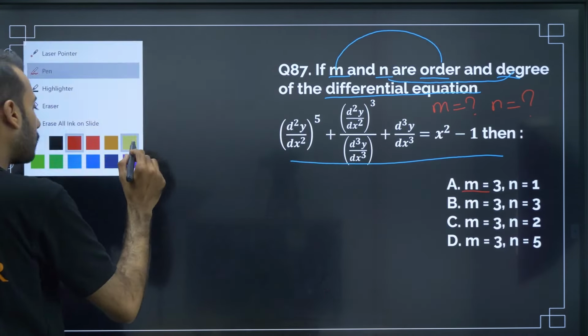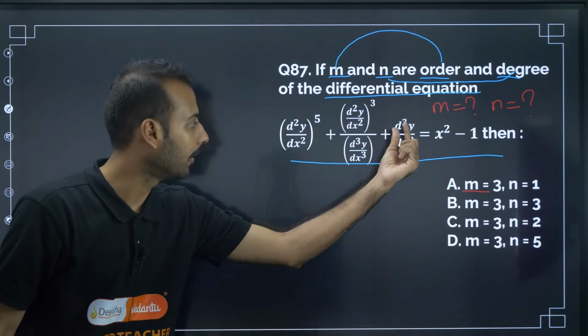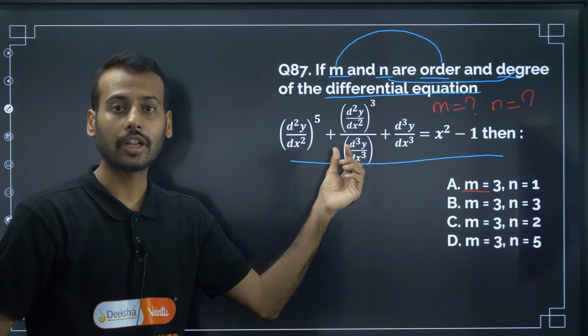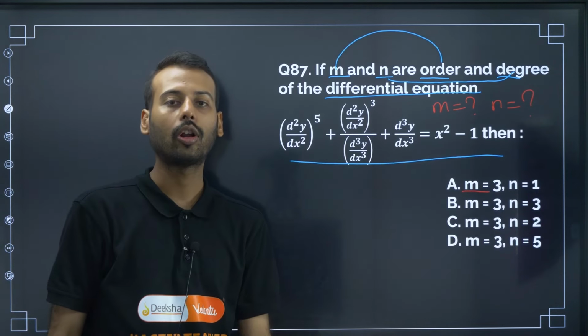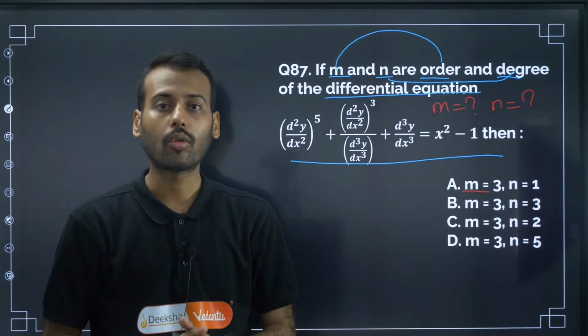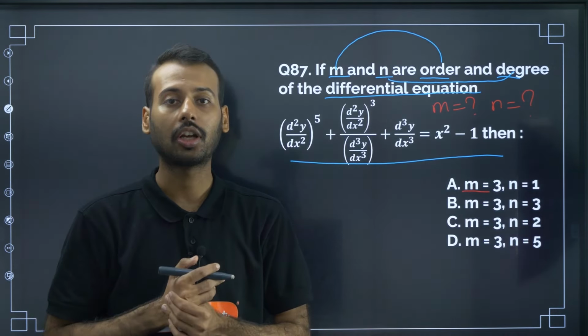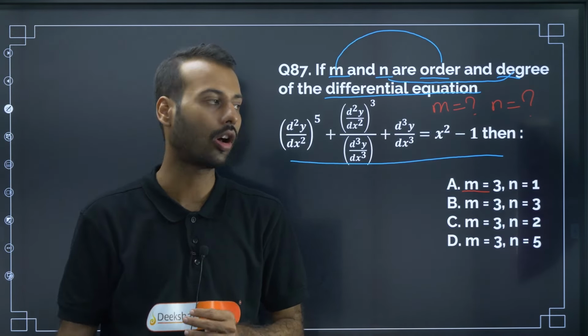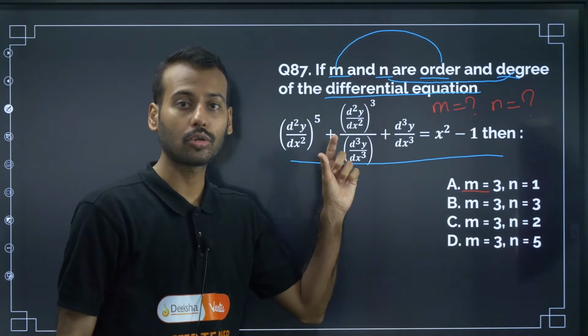Now the moment you see this differential equation, if I observe this derivative, this is not in polynomial form. Not in polynomial form means, try to recall what a polynomial function is. A function which is in the form of ax raised to n plus bx raised to n minus 1, and so on, their powers should not be negative.